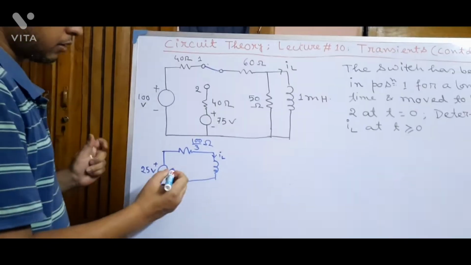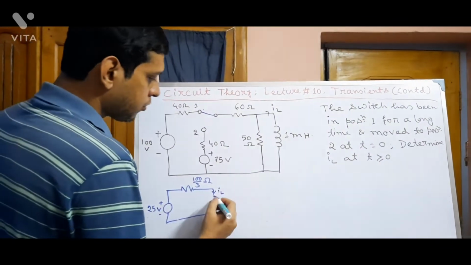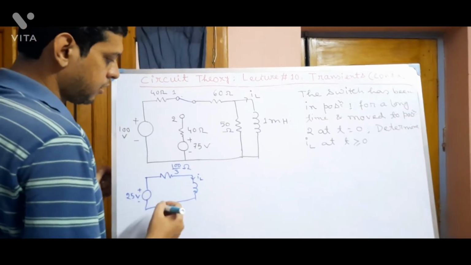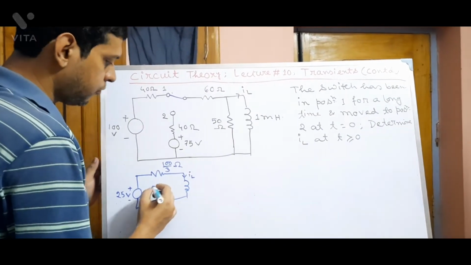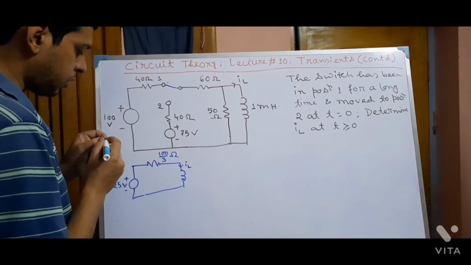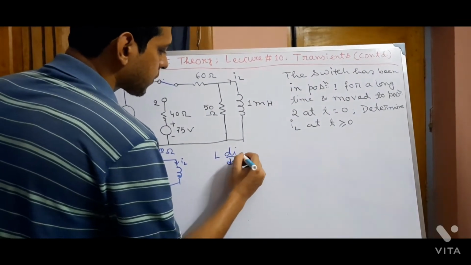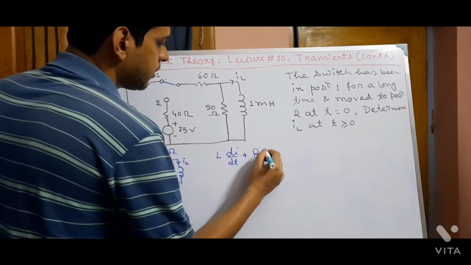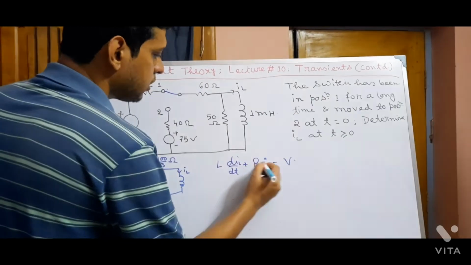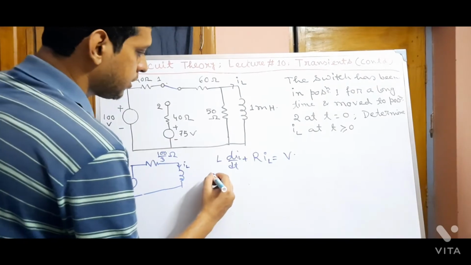Redraw the Thevenin's equivalent circuit. So here the current through the inductor is IL. We know the operating equation of this type of circuit: L di/dt plus Ri equal to V. Let us put IL, the current through the inductor.